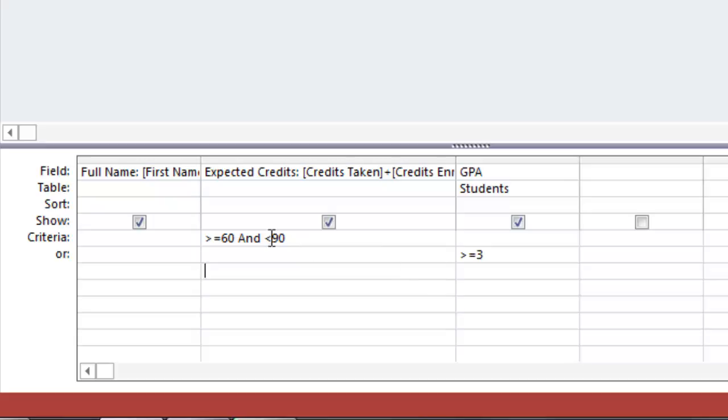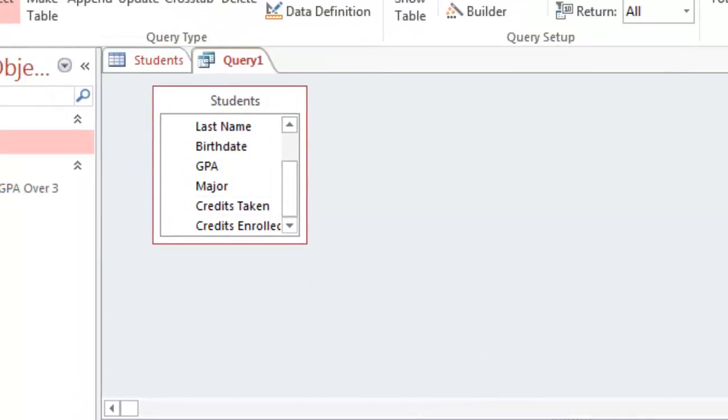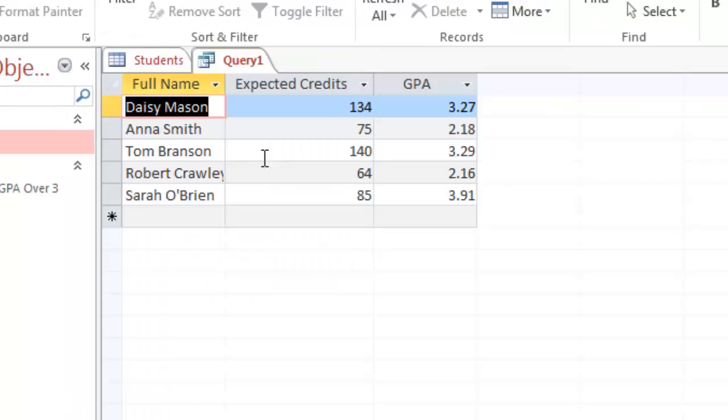To be included, you have to be a junior, or you have to have a GPA of greater than or equal to 3. And that means when we run this, we will see the 3 juniors, even if they have a lower GPA. And we will see people who are not juniors. Tom Branson is a senior, but he has a high GPA.